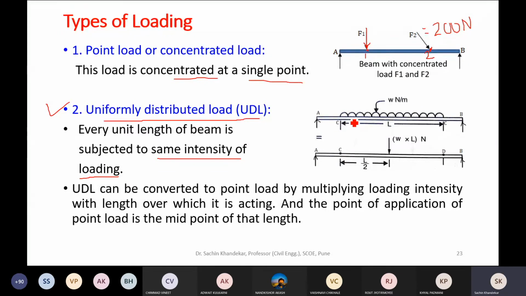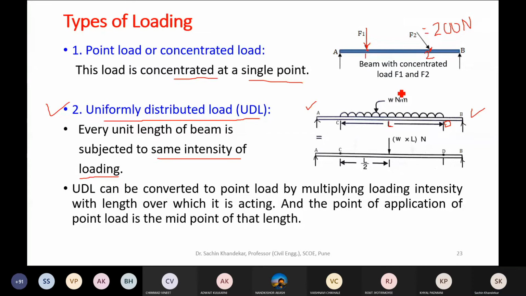Say for example, this is a beam AB which is subjected to UDL, which spans over a distance, suppose CD, with D as this point. The magnitude of this uniformly distributed load is, say, W Newton per meter.